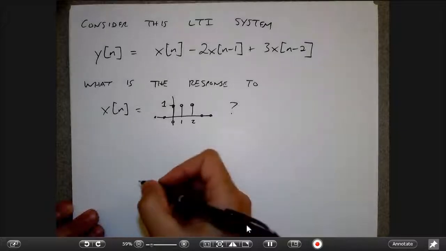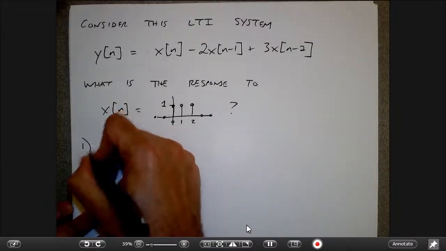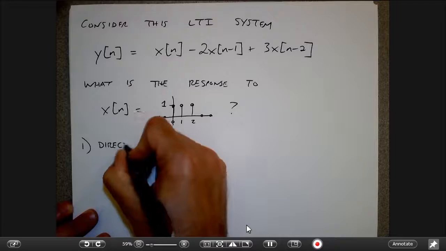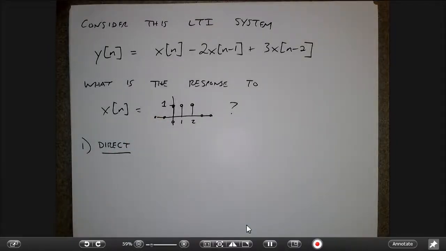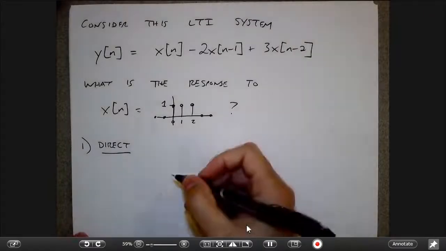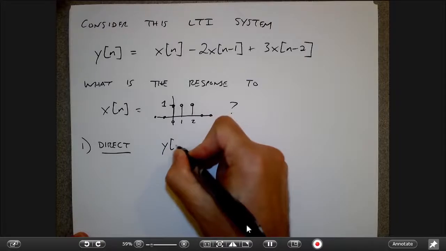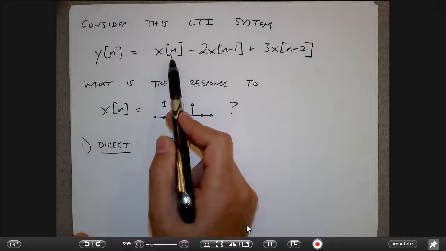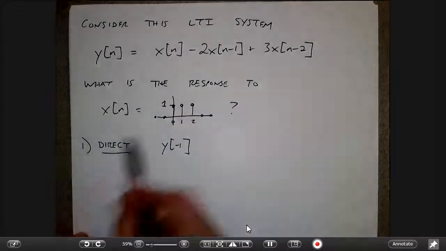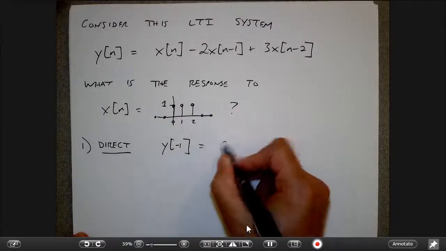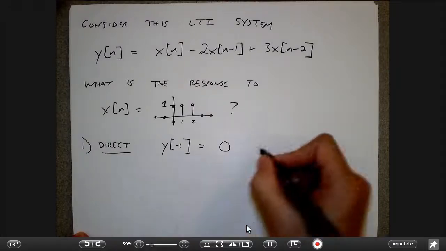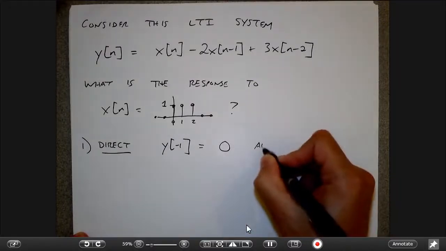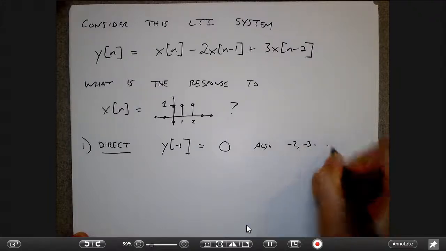There are many ways that we can answer this question. The first way is totally direct. If I didn't know anything about impulse response or convolution, I would have to grind through this problem. I would feed y of -1 into the formula. Y of -1 is x at -1, then I need to know x at -2, x at -3, all those things are 0. So I could immediately say that all this stuff was 0 for all these negative numbers.